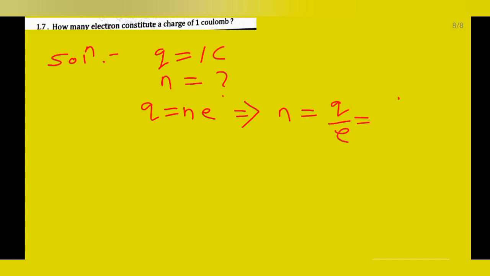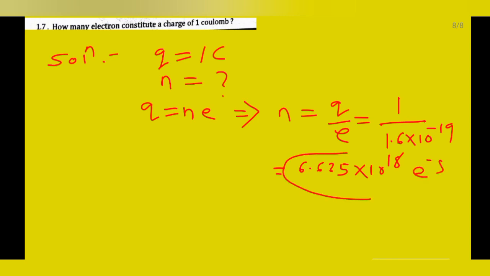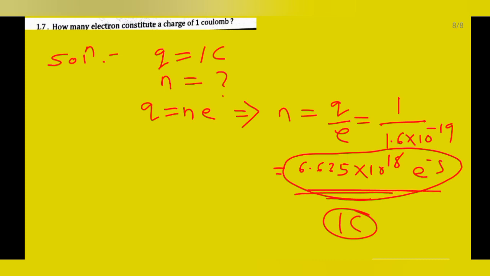Q is given as 1 coulomb and e we know is 1.6 into 10 to the power minus 19 coulomb. When we divide it, we get 6.625 into 10 to the power 18. So this number of electrons will constitute a charge of 1 coulomb. You should remember that 6.625 into 10 to the power 18 electrons will constitute a charge of 1 coulomb.